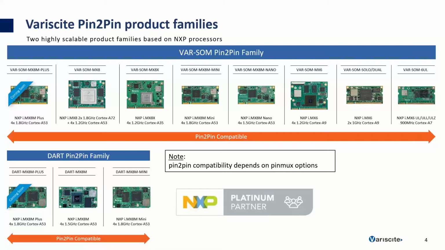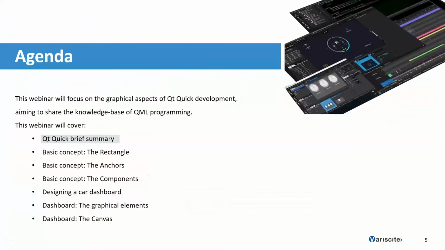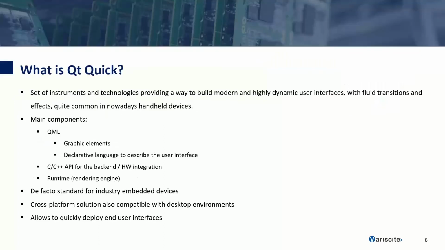Now let's start with the presentation of QML, specifically from Qt Quick. What is Qt Quick? Qt Quick is a set of instruments allowing developers to quickly deploy user interfaces, let's say modern and dynamic, like the ones that you can see, for example, on an Android phone.